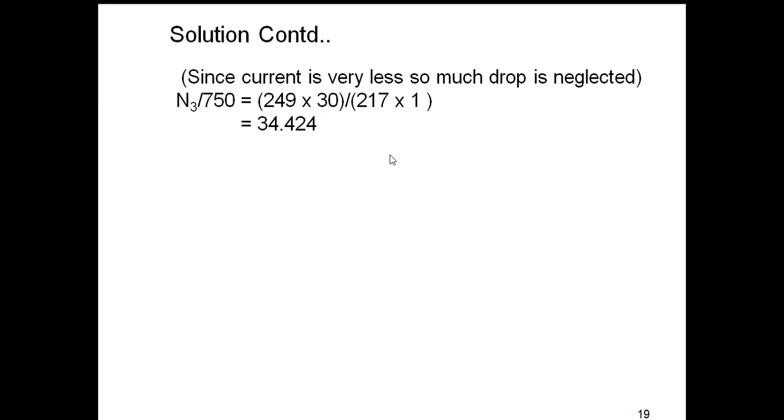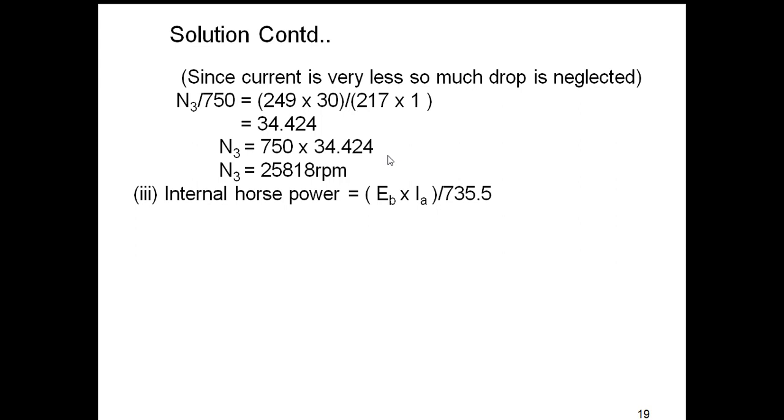On solving this, we get N3 is equal to 750 into 34.424, that is 25,818 rotations per minute.